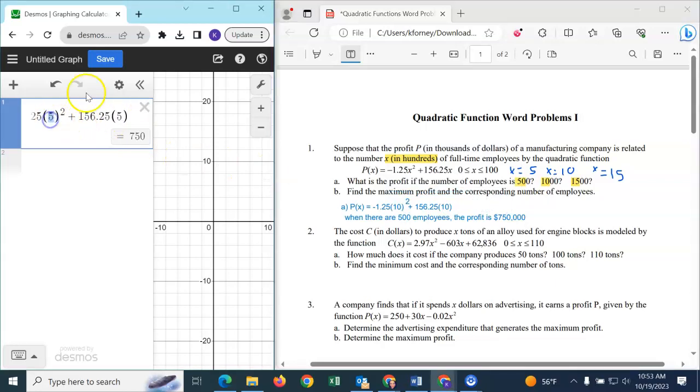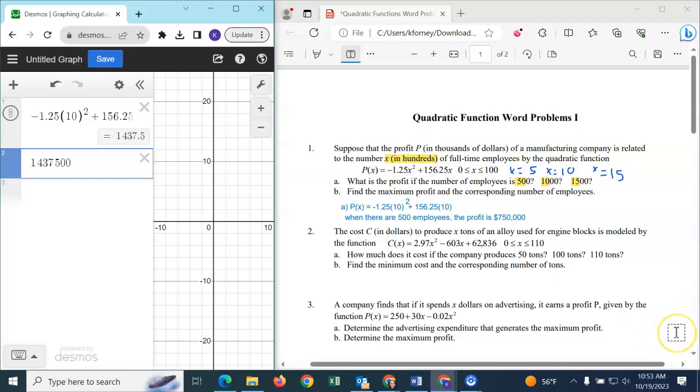And so when we have 1,000 employees, the profit is, so that would be in thousands, you would look at that as 1,437,500.